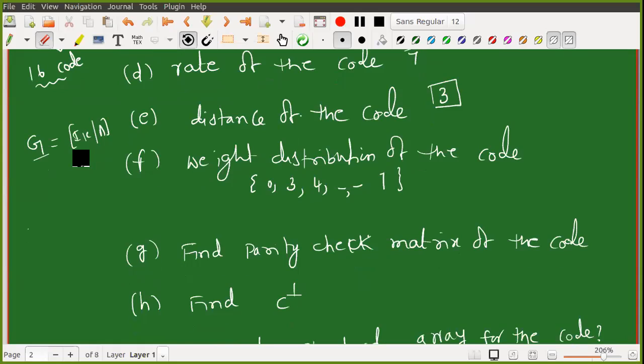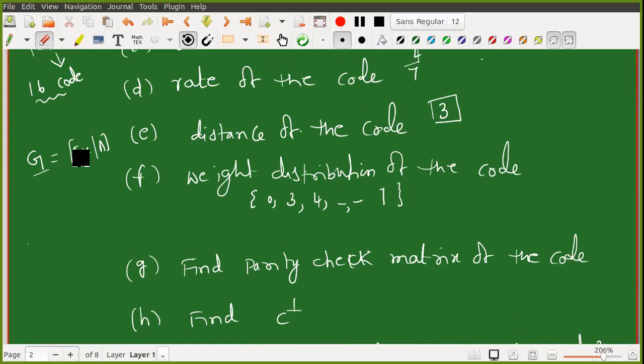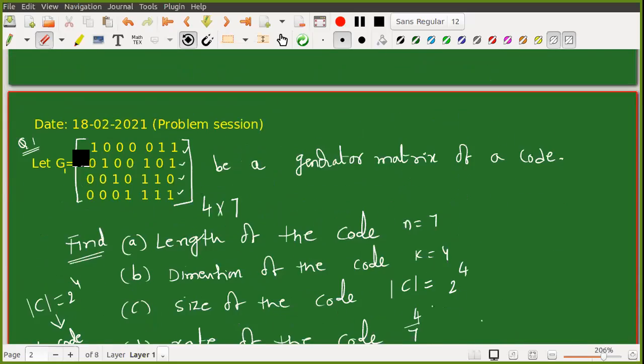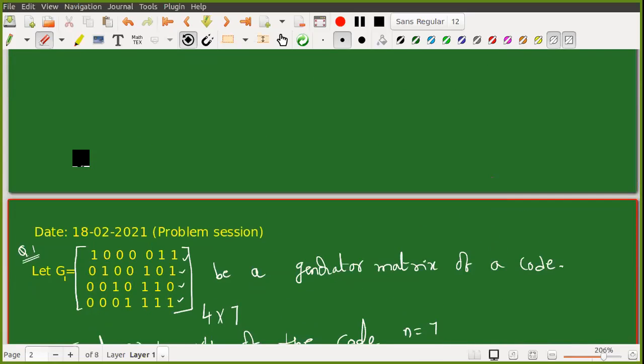So how many rows will be there in the standard array? At least that much you can say. How many total vectors are there here, of length 7? Sir, 8 rows. 8 rows, okay.